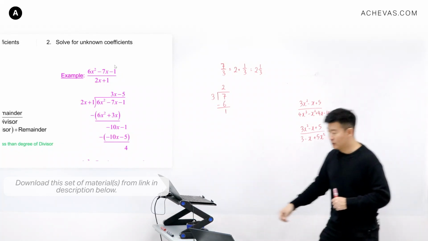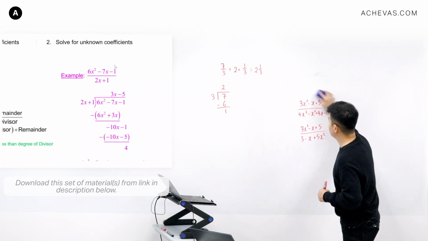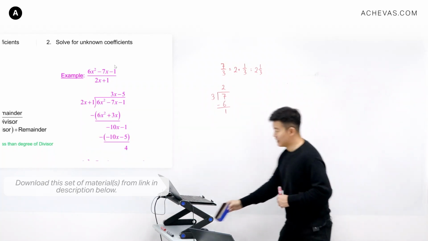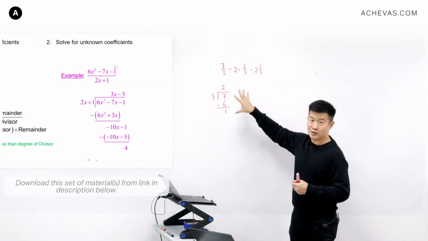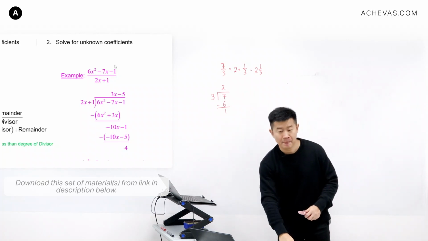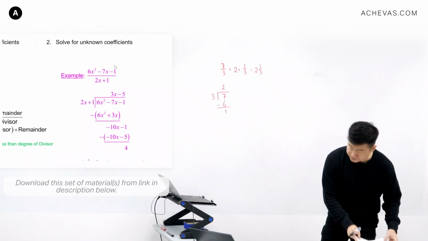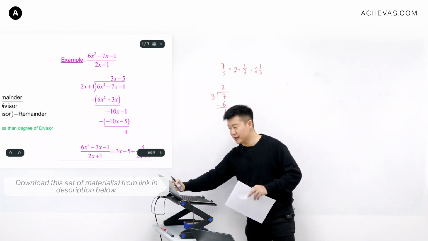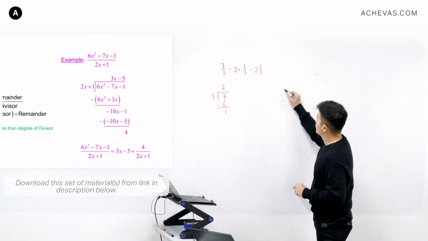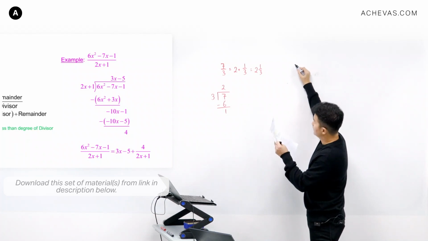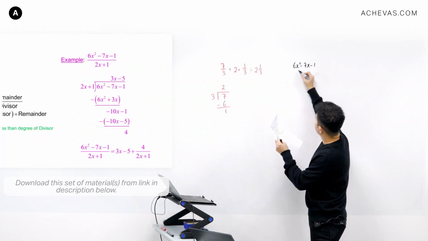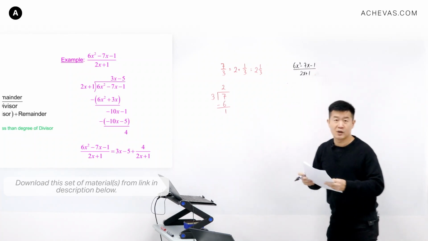So how does a long division take place for polynomials? In fact, it is almost exactly the same idea as this. So let's use this as our reference example, and let's carry out this division over here. We are looking at 6x squared minus 7x minus 1 divided by 2x plus 1.